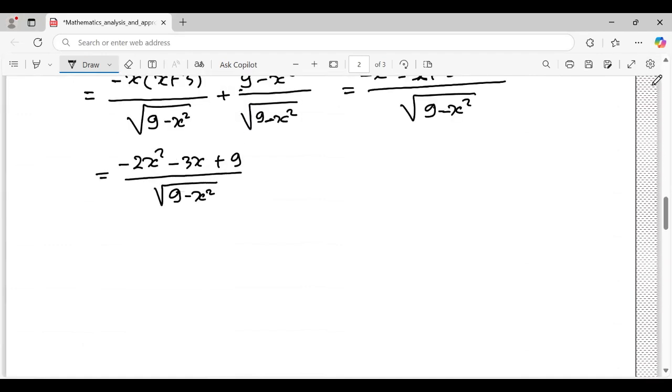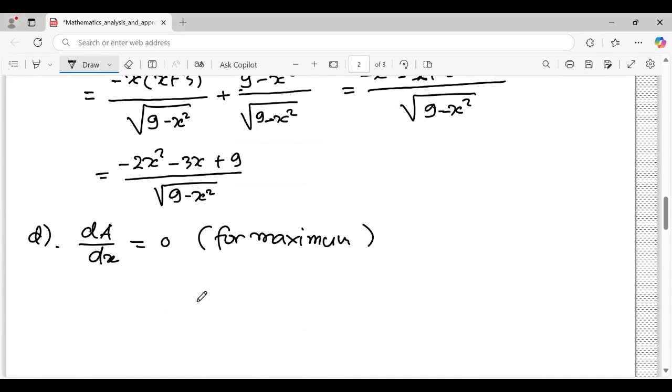Okay, a maximum of a function we can gain if the first derivative equals 0, if the dA/dx equals 0 for maximum. Okay, so it means this expression should be 0: minus 2x squared minus 3x plus 9 over square root 9 minus x squared equals 0.